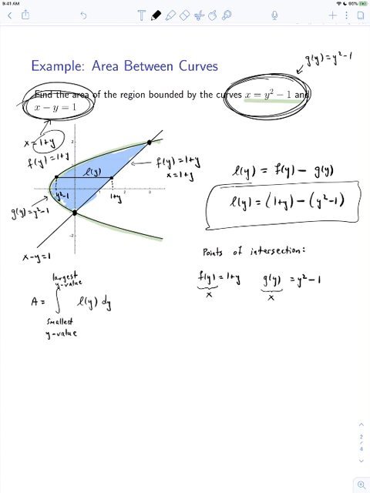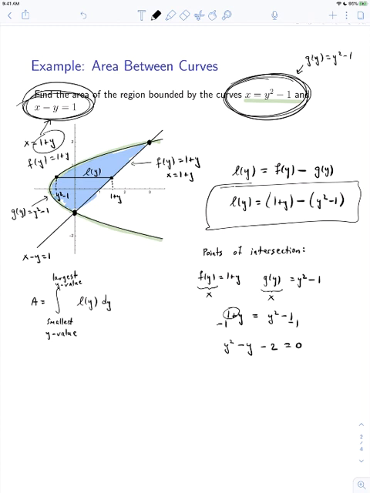So if the 2 x values are the same, then 1 plus y must be the same as y squared minus 1. So now we have a quadratic expression for y. Y squared, subtract y over to the other side, minus y, and then subtract 1 over to the other side, minus 1, you're going to have y squared minus y minus 2 equals 0.